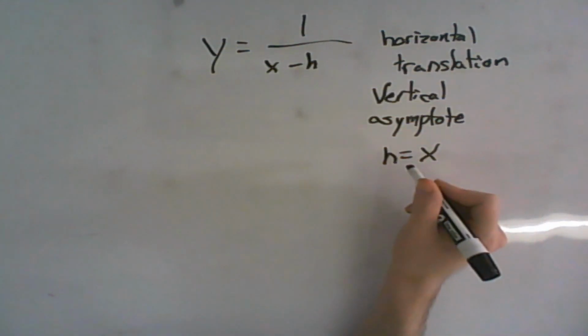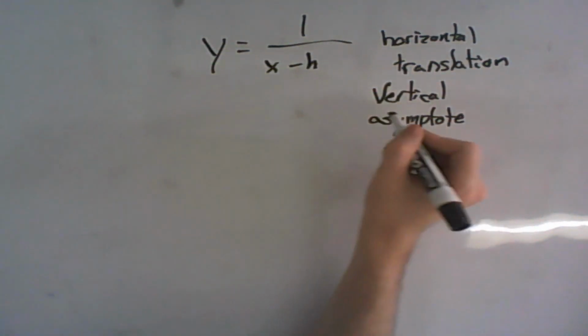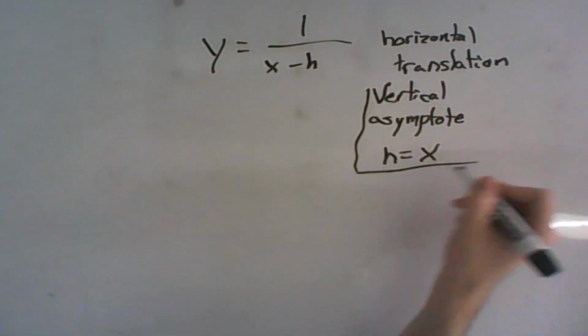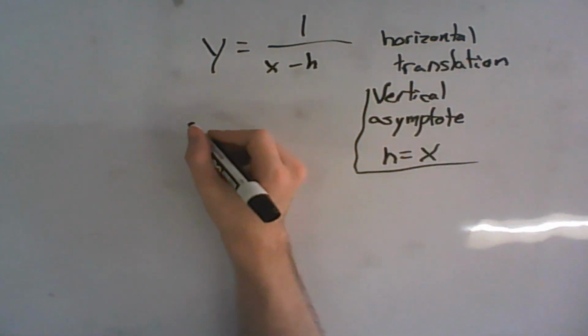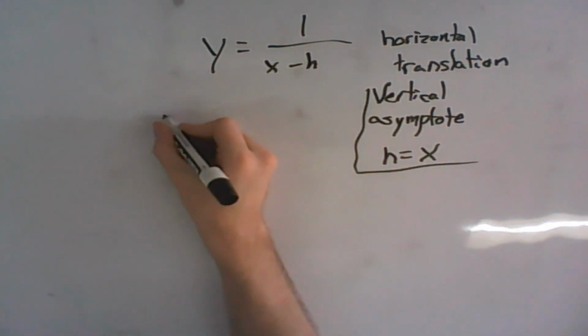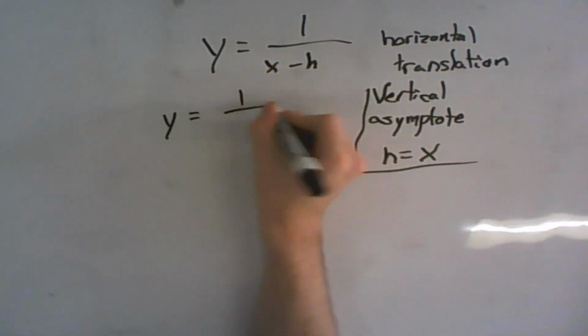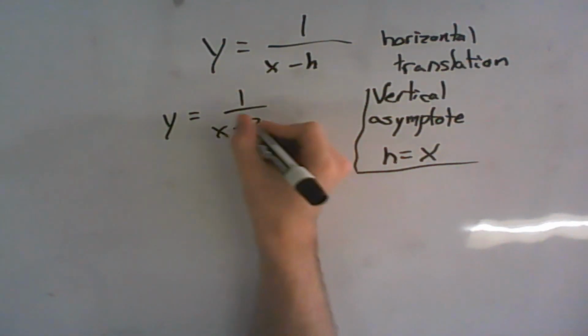It doesn't really matter. So vertical asymptote is going to be x equals h, which will affect our table. So an example, y equals 1 over x minus 2.